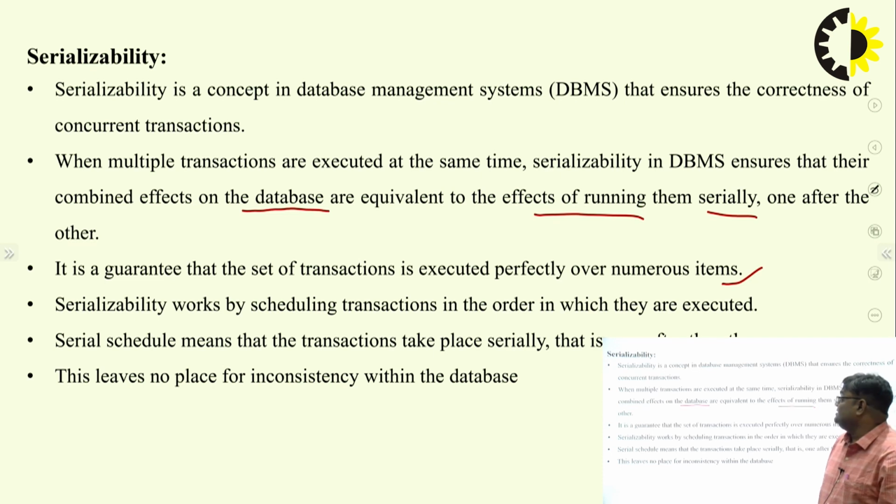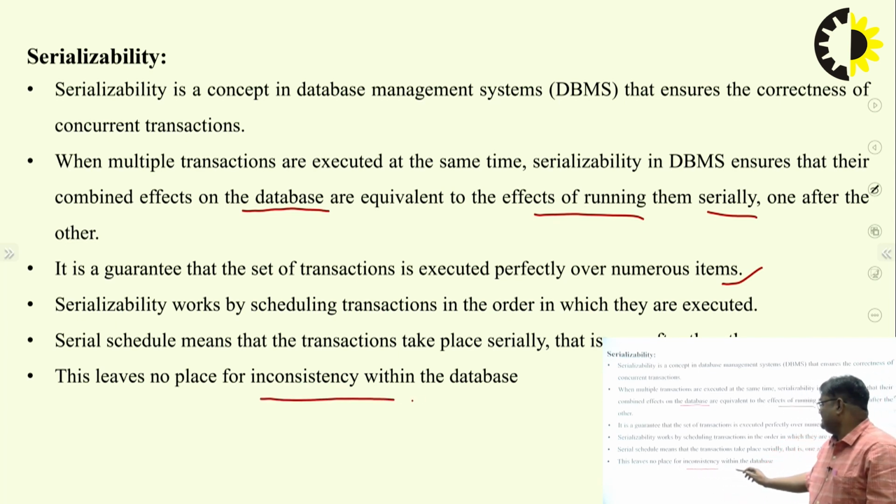A serial schedule means the transactions take place serially, one after the other. We already discussed that a transaction should work only after the previous one has finished its work. This leaves no place for inconsistency within the database.